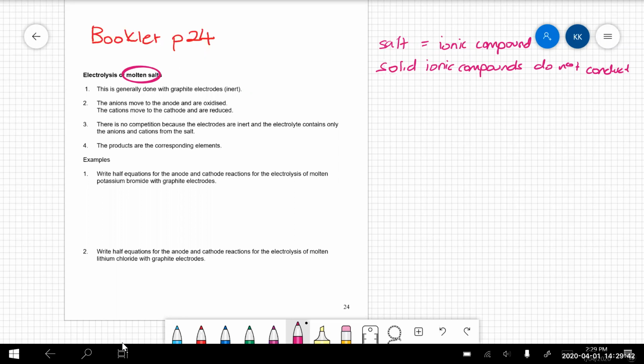So there's two ways that we can get an ionic compound to conduct electricity. The first of these is by melting it, because when we have molten, we free the ions from the lattice. So we have mobile charged particles.